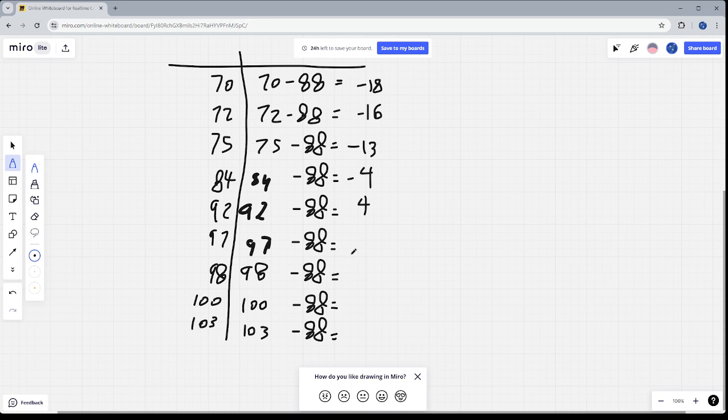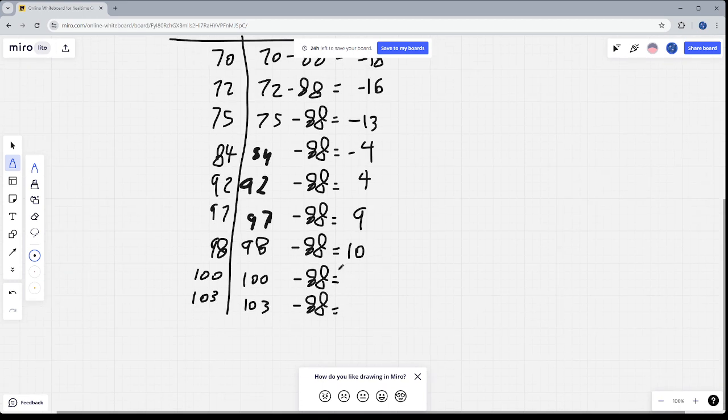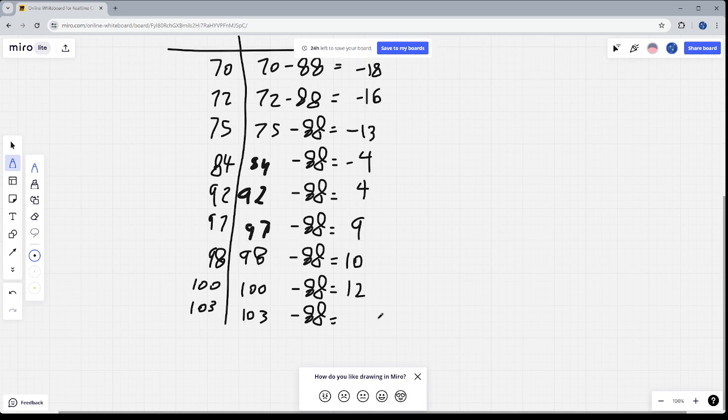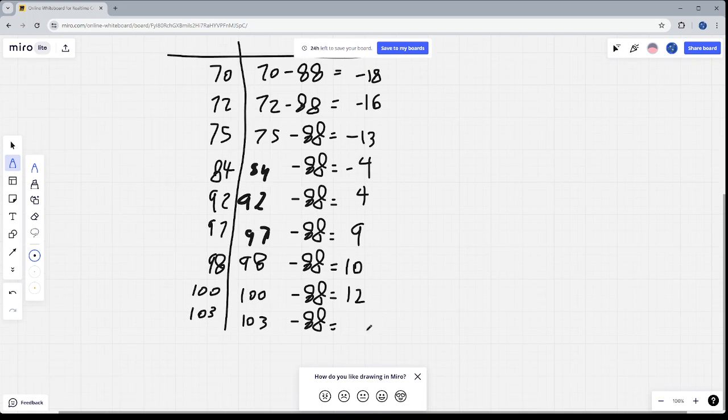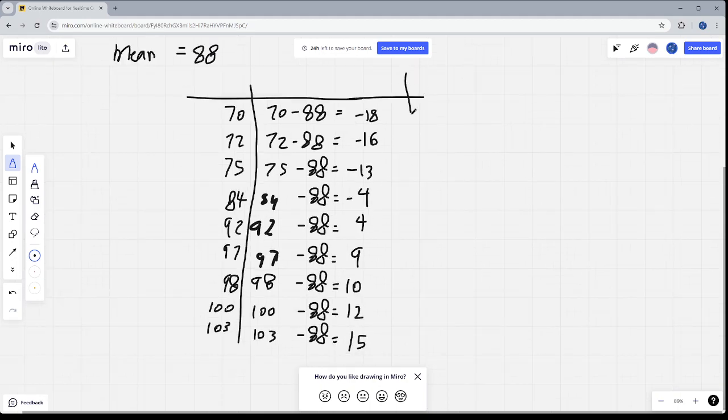Perfect. 97 minus 88. 9. Yep. 98 minus 88. 10. Good. 100 minus 88. 12. And then last one, 103 minus 88. 15. Perfect.